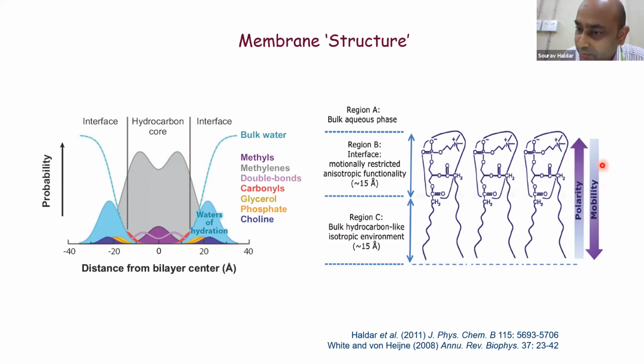All right, now a few words about this mobility gradient. I will come back to that later in the form of membrane dynamics, but this mobility gradient is over a wide range of temporal scales. It can be identified by fluorescence spectroscopy, by ESR spectroscopy, and also by NMR spectroscopy.